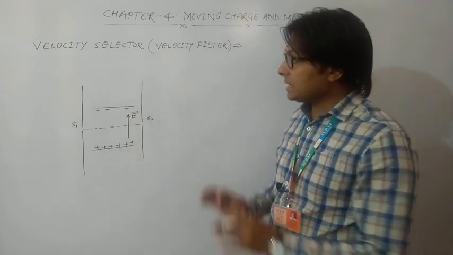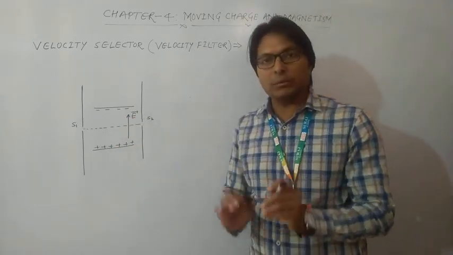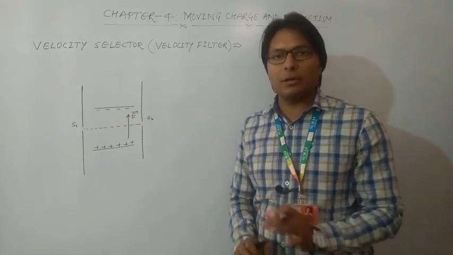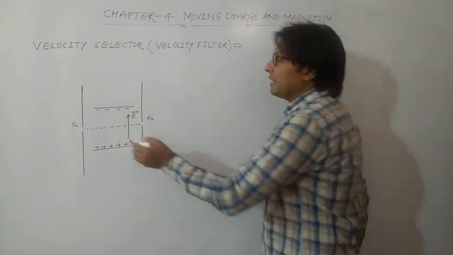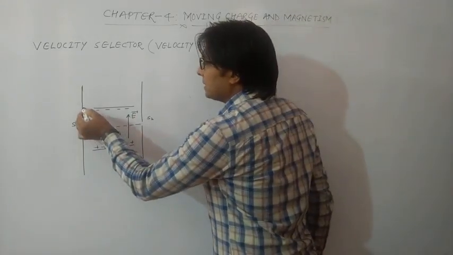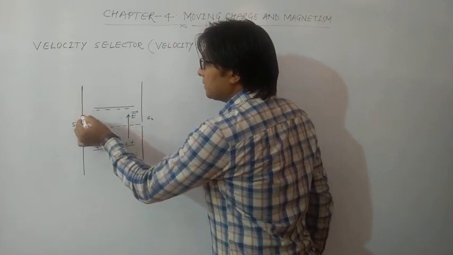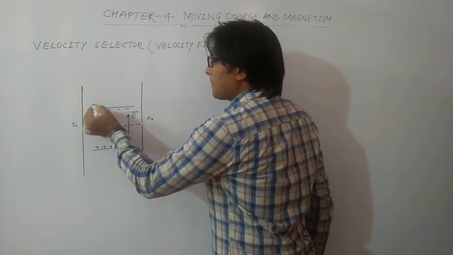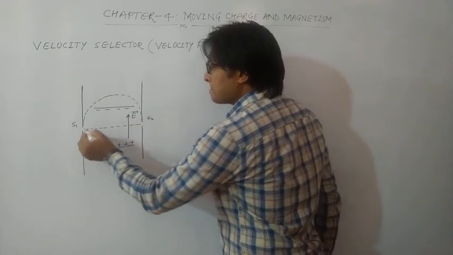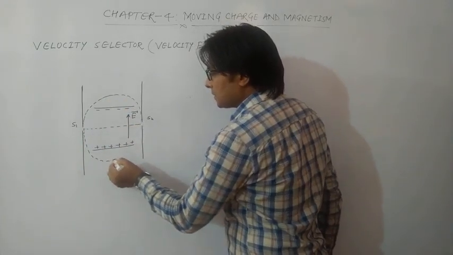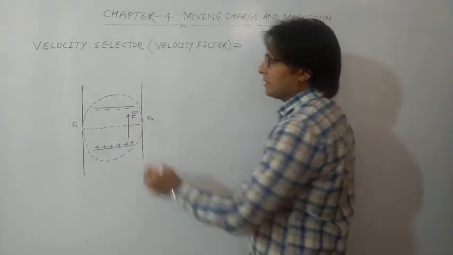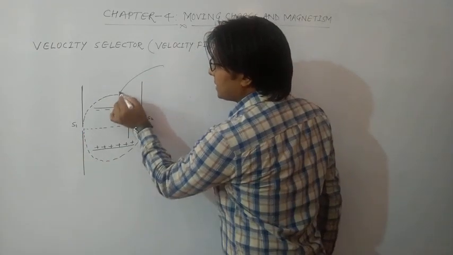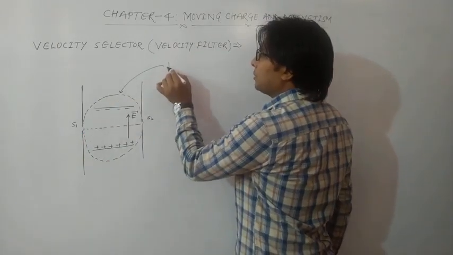Since it is a cross field device, it must also have a magnetic field. Suppose this is the magnetic field we have applied here, in a perpendicular direction.